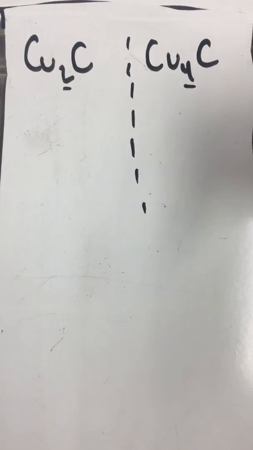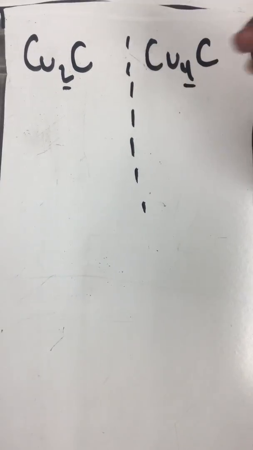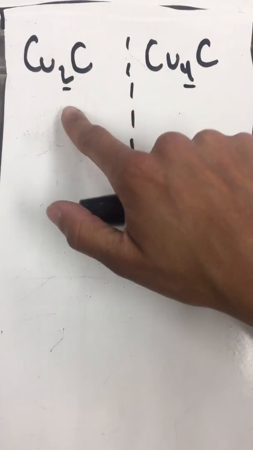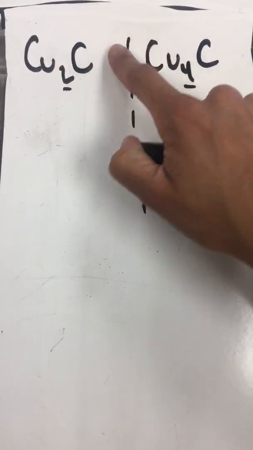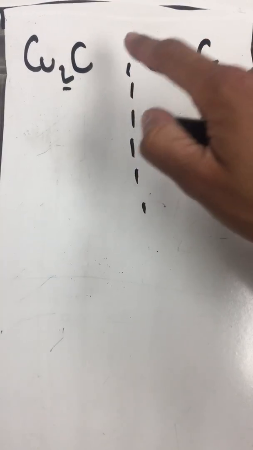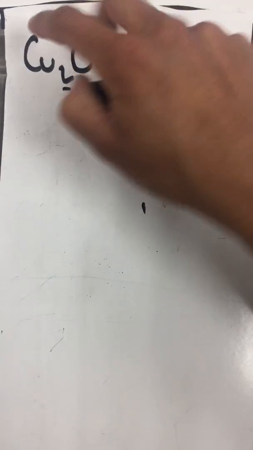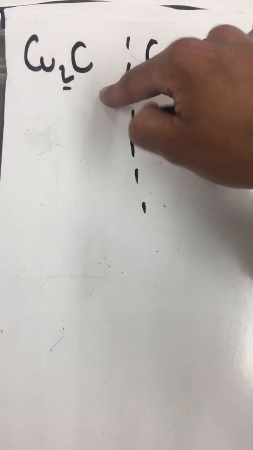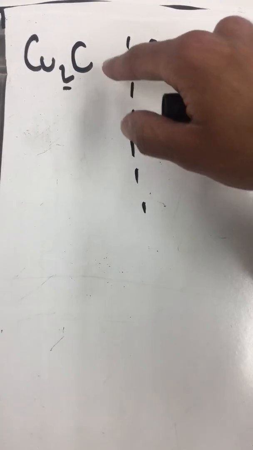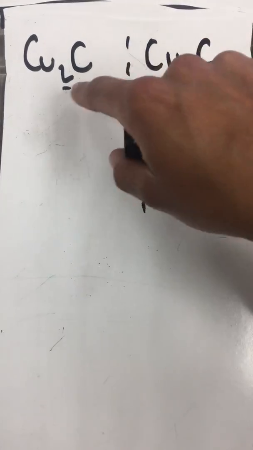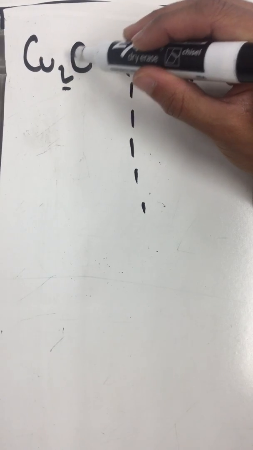And so we can actually work backwards and do a bit of a cross up to go from the number of atoms to charges. So just a little bit of a refresher. When you have the charges and you're given the name, you put down the charges and then you cross down to figure out how many there are. We are doing the opposite here. We're starting with how many there are and then we're crossing backwards to find out the charge.